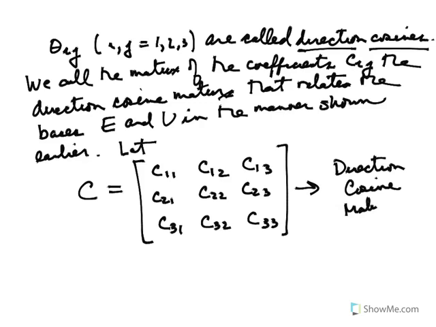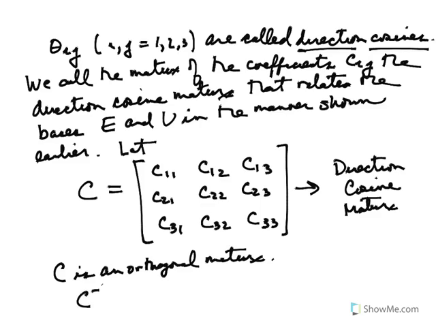Now it turns out that direction cosine matrices are orthogonal matrices, and because all of these coordinate systems are right-handed, they have another property too. C is an orthogonal matrix, which is a very nice matrix to work with because it has a lot of interesting properties, which means that C inverse is equal to the transpose.